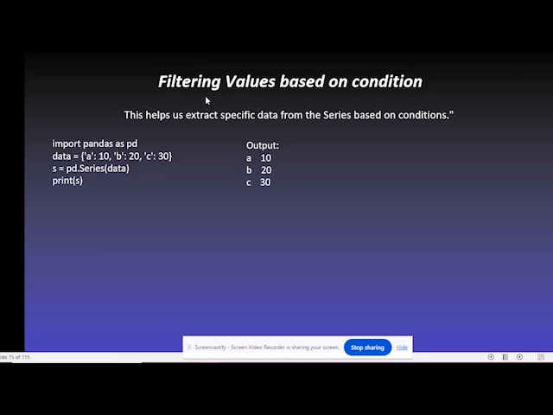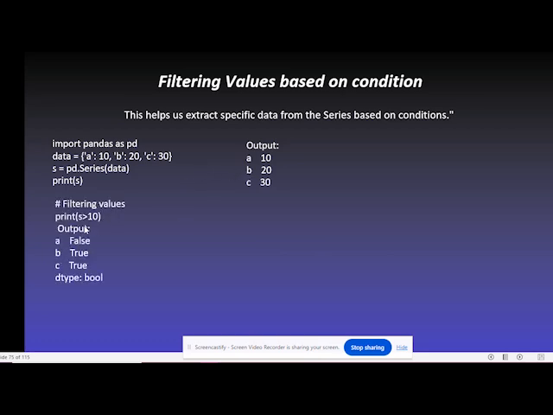Next is filtering values based on a condition. We can filter values by using relational operators. Which are the relational operators in Python? Less than, greater than, less than or equal to, greater than or equal to, equal to and not equal to. These are the relational operators. So using these operators, we can filter values based on condition. Here also the same series is created. So here S greater than 10.